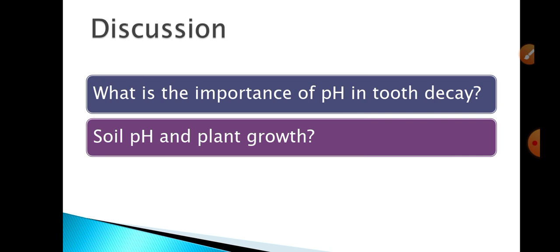The soil pH is also affected by the use of chemical fertilizers in the fields. Most often, the soil in the field is too acidic. If the soil is too acidic, then it is treated with quicklime or slaked lime. If the soil is too alkaline, then its basicity is reduced by adding decaying organic matter, which is acidic. So, neutralizing of soil is an important factor for plant growth.